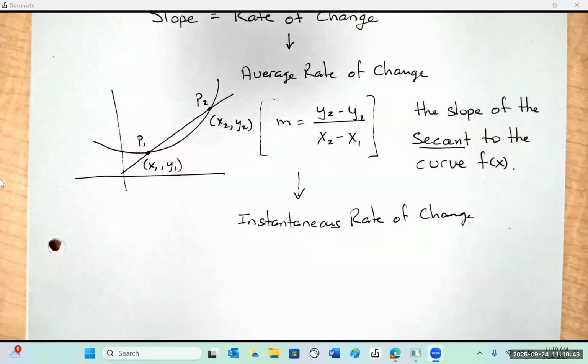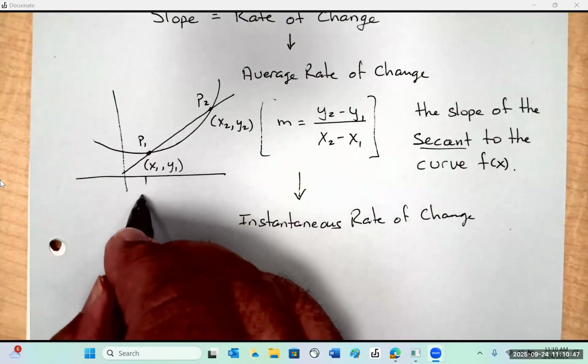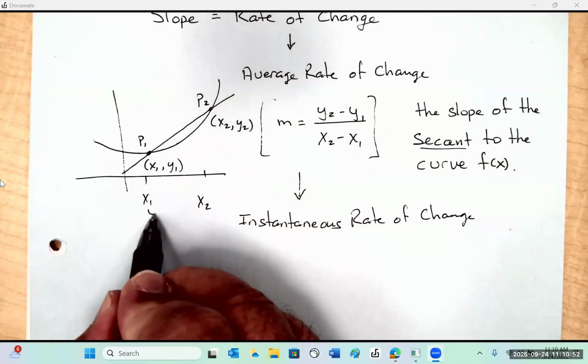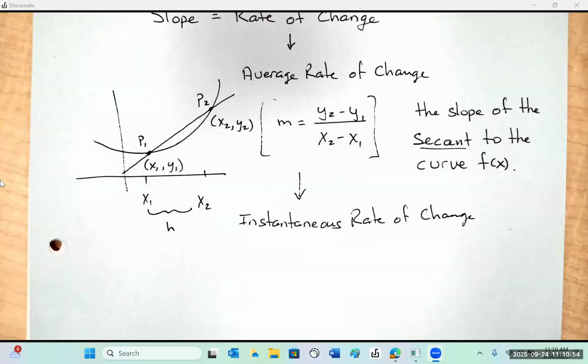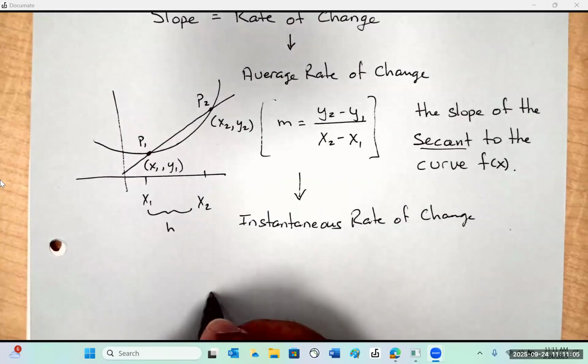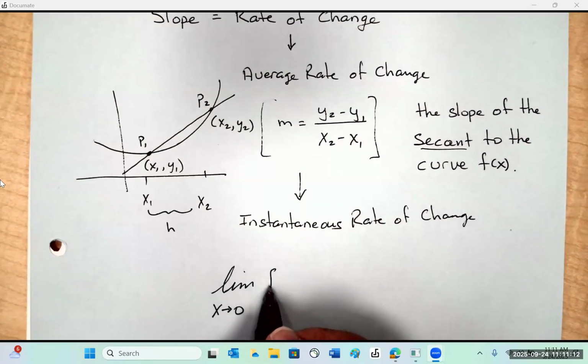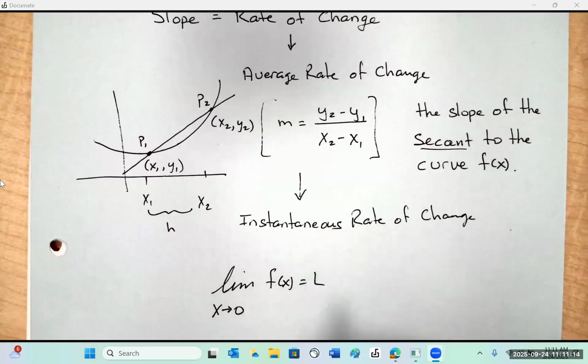Actually, there isn't one because remember, at this stage, h was the distance between x1 and x2. And we had to keep on making h smaller and smaller and smaller. So what we eventually found that way was we took the limit as h approached 0 of our function, and we found a limit.